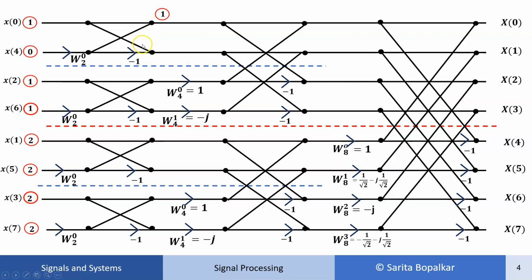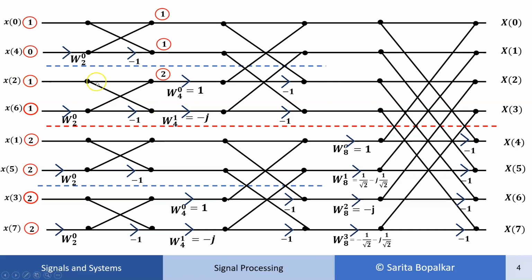Then here two inputs, this one and this one. This one is 1 and this 0 gets multiplied with -1. This 1 plus 0, so it is 1. Here this 1 and 1 get multiplied. This value is 1, so 1 into 1 is 1. So 1 plus 1 is 2.